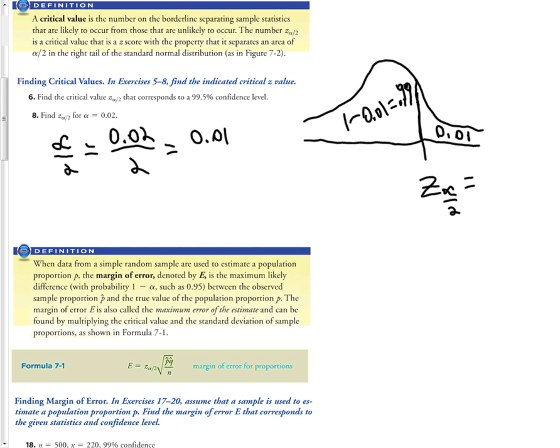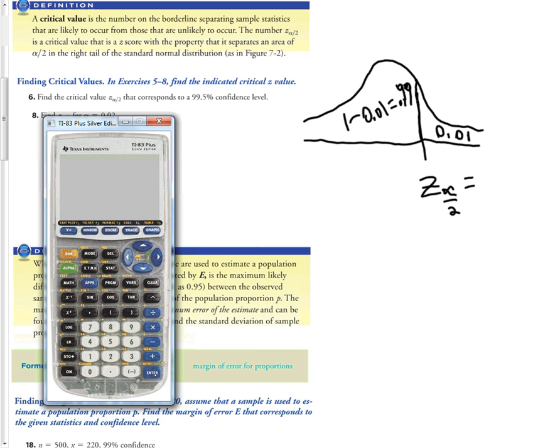So in order to do that, once again, we're going to use our TI, because remember, the TI-83 calculator's inverse normal function only takes the area to the left. So what we need to plug into that inverse normal function is the area to the left of the z-score. So I turn it on first, clear. We go to second, then distributions.